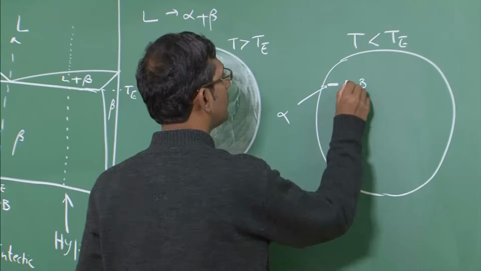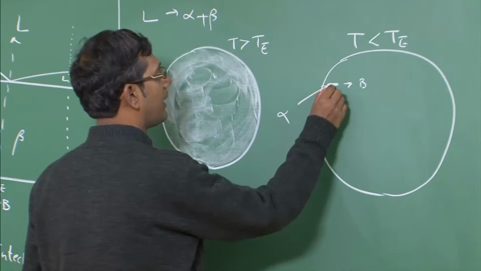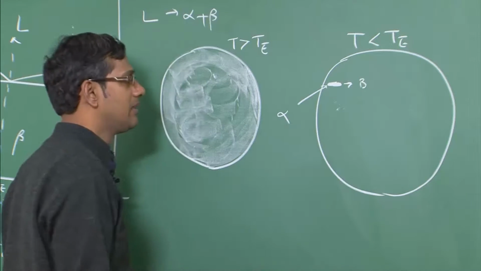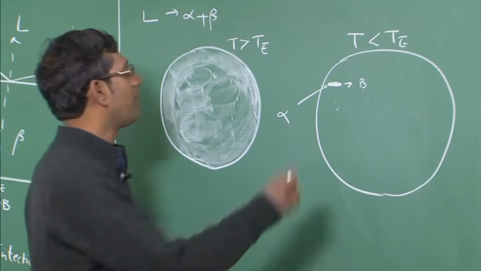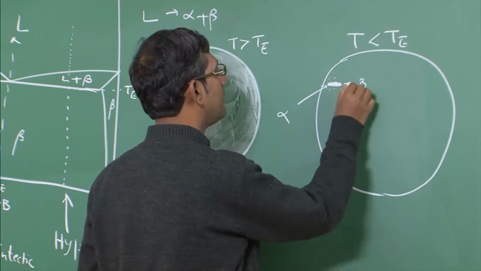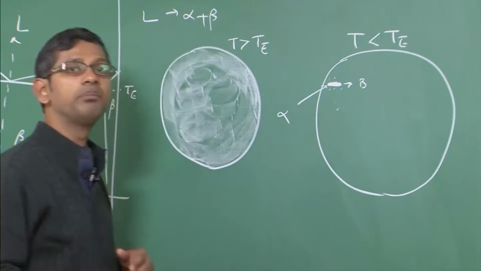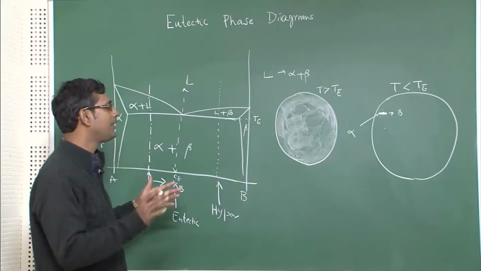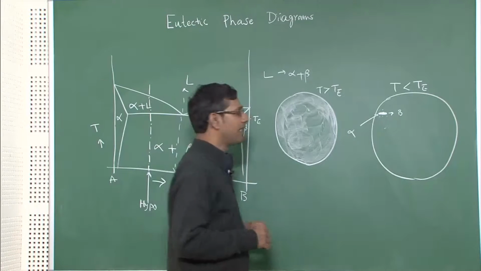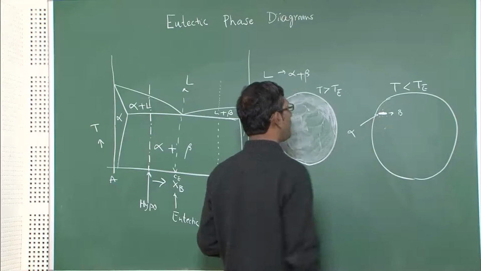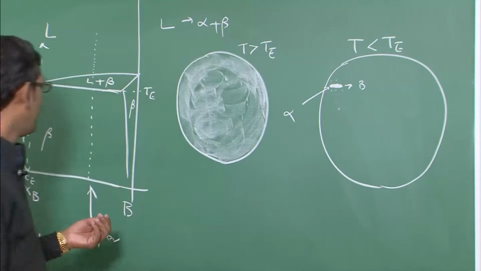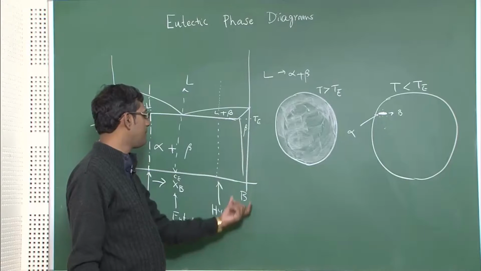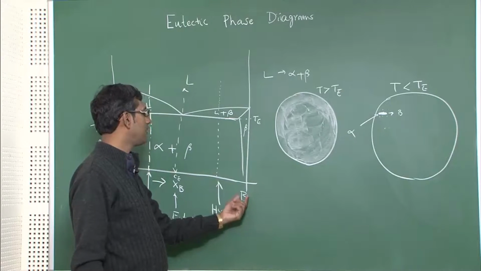So B will come out in front of the alpha as it becomes bigger and bigger. If it rejects B, what will happen? The regions nearby, in front and at the sides, will have plenty of B, the second component. Beta contains a very large content of B, because beta lies near the pure B end.